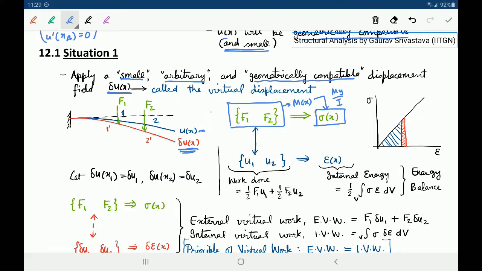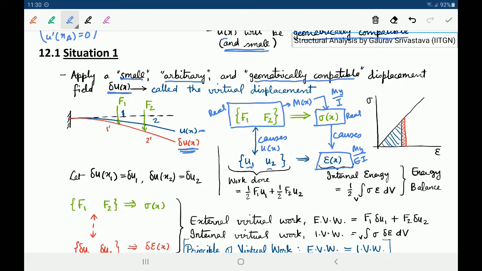This is the real force field and this is the real stress, and this real force field causes displacements U1 and U2, let's say at points 1 and 2, and of course it causes U of x as a continuum, but here we were interested in 2 points, so it causes U1 and U2. And this real stress field causes a real strain field. This will be just My by EI in case of a beam.